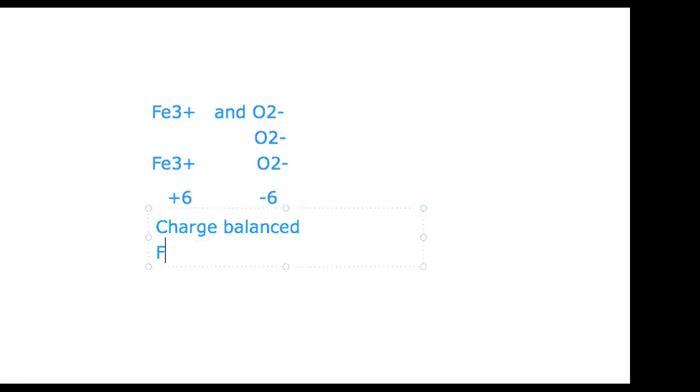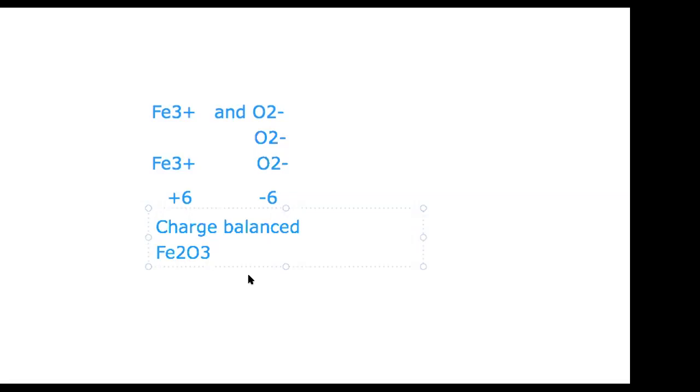And the formula for this would be Fe, and we count how many there are. There are 2 irons, so Fe2O, and then we count how many oxygens, 3. So it'd be nice if we had a real systematic way of doing this.